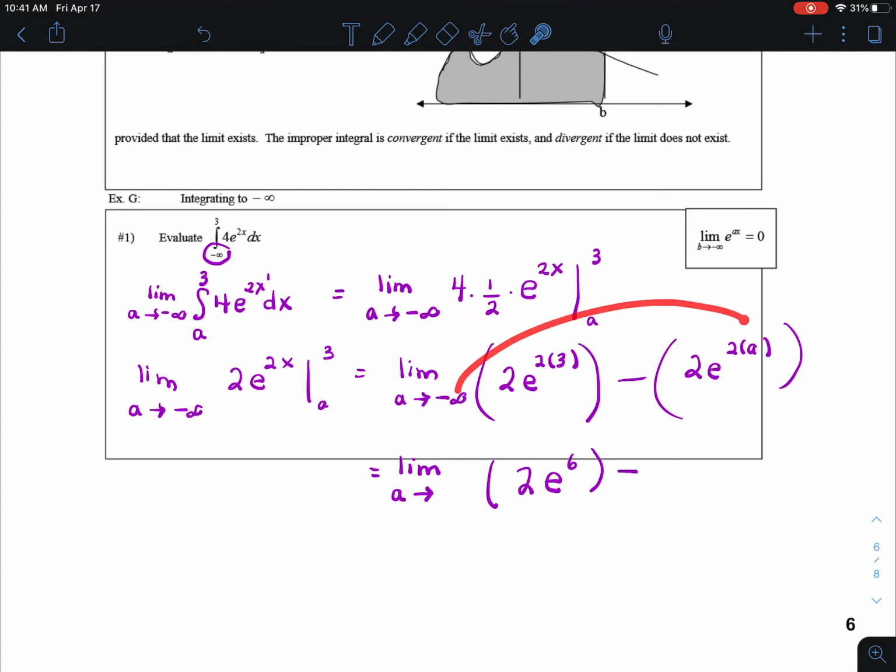Okay, look at where the a is though. See how the a is in the exponent? If we plug in a negative number for the a, that's going to cause the a to be negative. So I'm going to switch colors here.